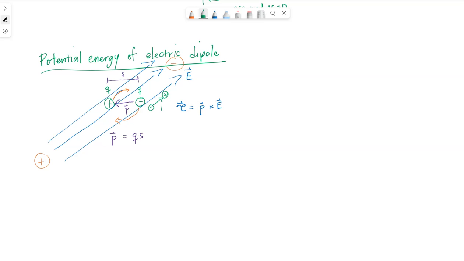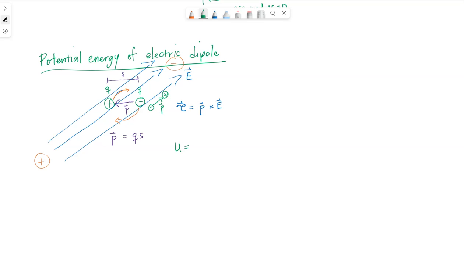But it ultimately is going to line up with that electric field. So there was a torque or a twist because of its original orientation. Well, the fact that it's going to move means it also has potential energy.